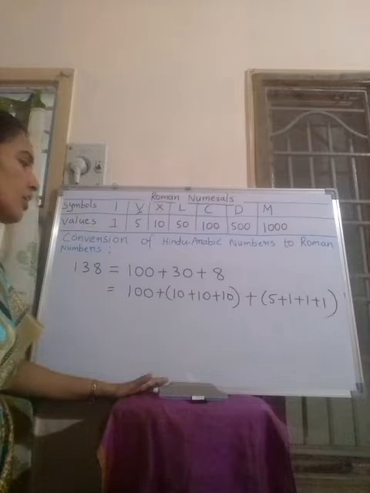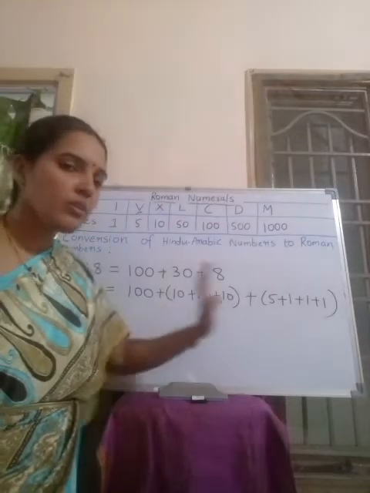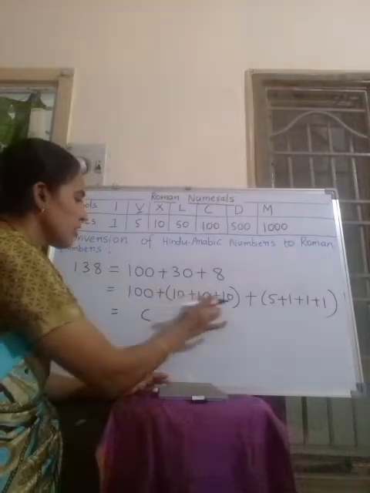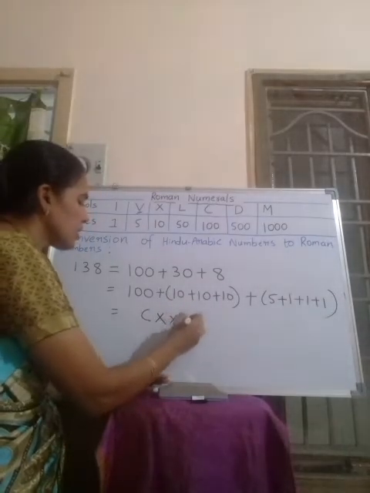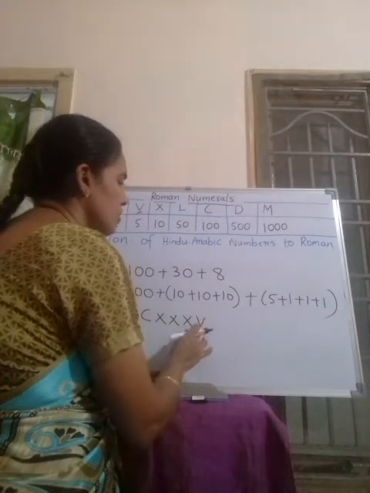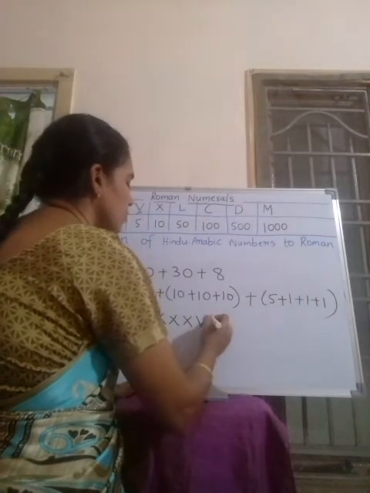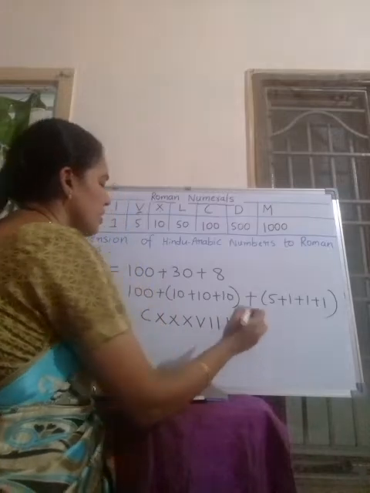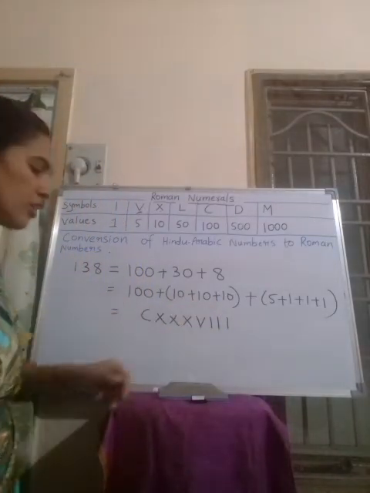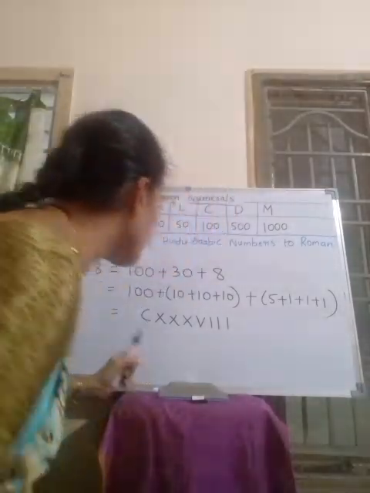These are the symbols we have now. 100 symbol is C, adding 10 three times, that is writing X 3 times, and taking the symbol 5, that is V, and then adding 1 three times, that is I. This is how we write 138.